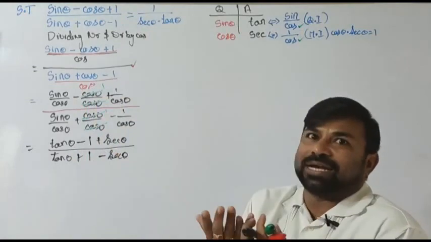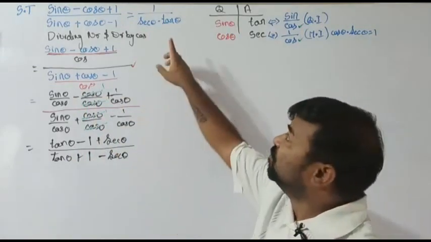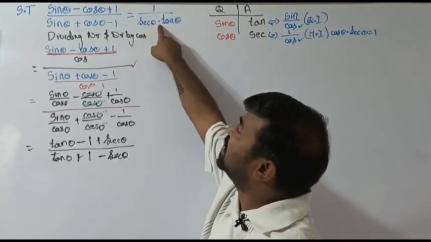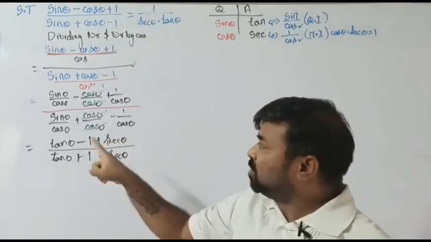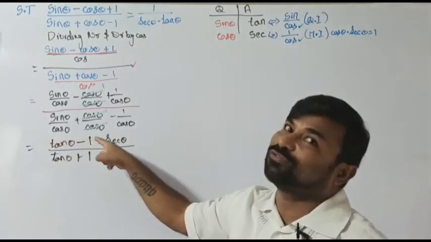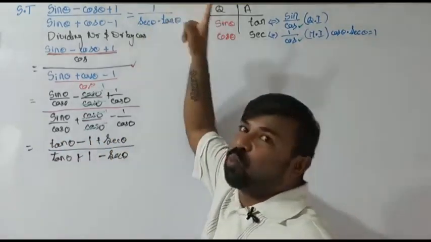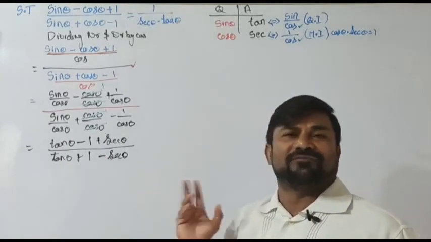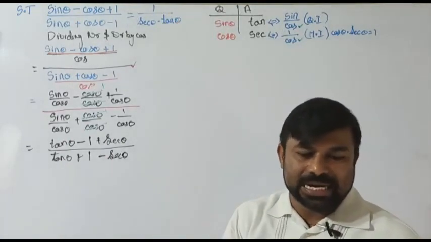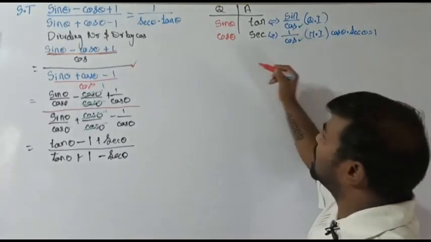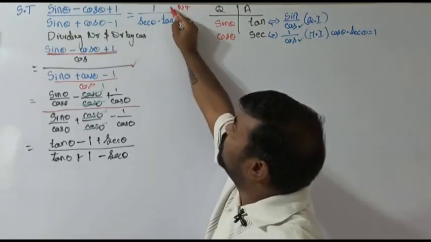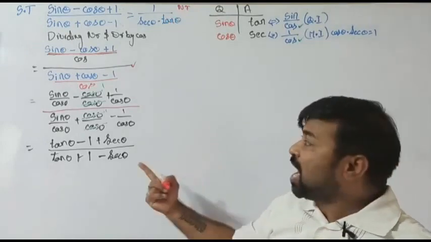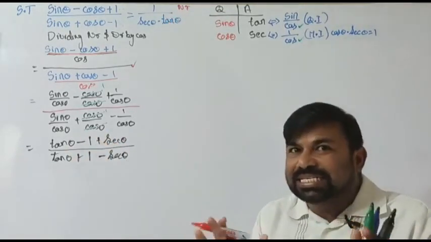Till here cool. But the sum is not yet done. We are having 1 by secant minus tan. So we are having only 1 in the numerator, whereas we are having a lot of stuff in the numerator. We need only 1. 1 means somewhere identity. I started thinking, how can I get a 1 in the numerator? This is the numerator we know. How can you get 1? And of course, the sum is dealing with secants and tans.